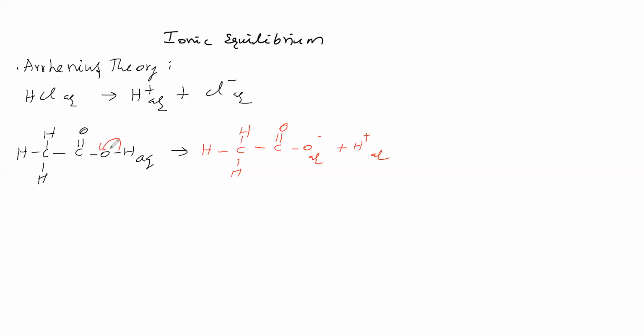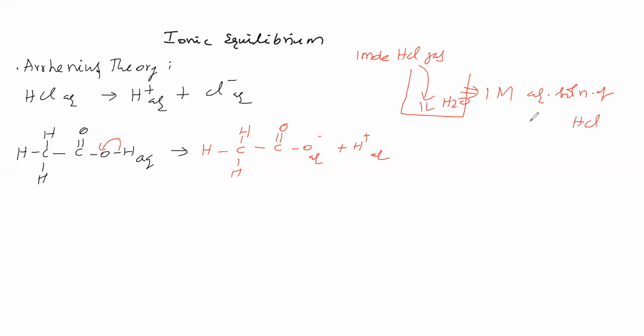Now let us take HCl. We take 1 mole of HCl gas and pass it into 1 liter of water. We get a 1 molar aqueous solution of HCl.